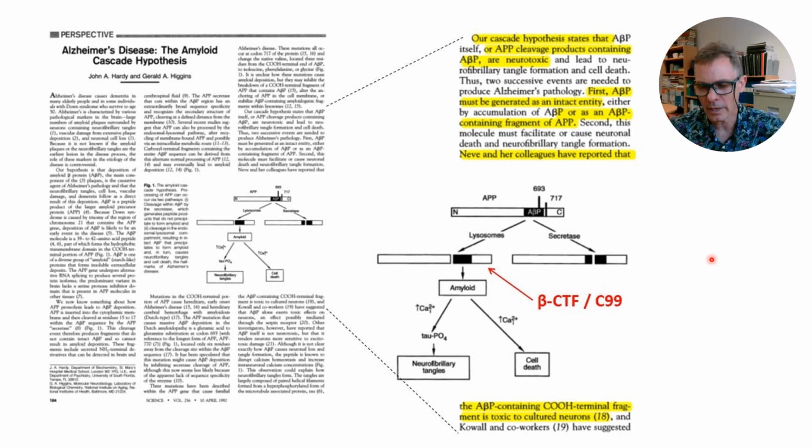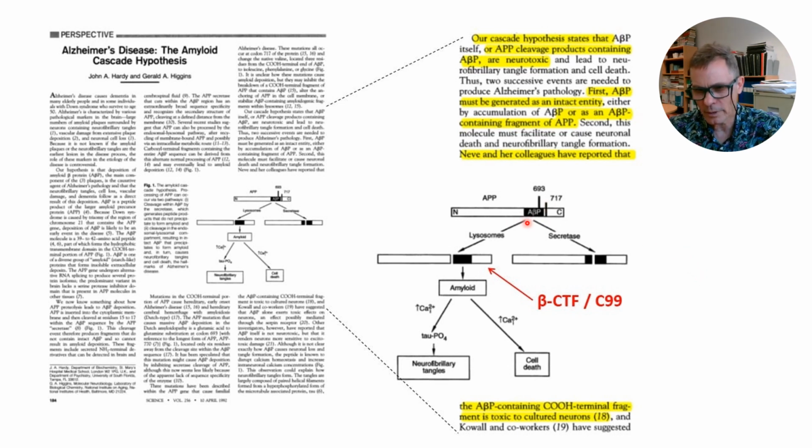What they do say, and keep in mind that they call A beta, or amyloid, the peptide, A beta P here, is that our cascade hypothesis states that A beta P itself or APP cleavage products containing A beta P are neurotoxic. So they're not precisely focusing on A beta, and they're saying that products containing A beta are neurotoxic. Now, here's the important thing.